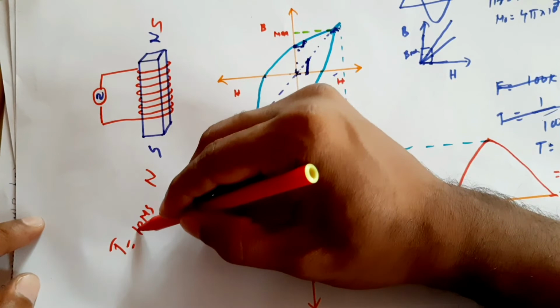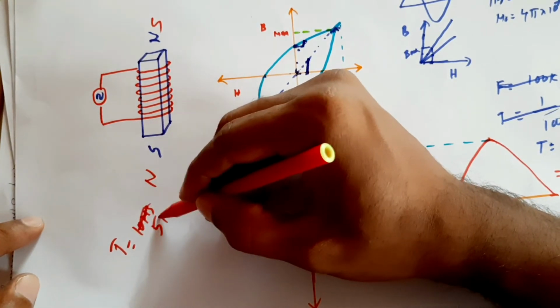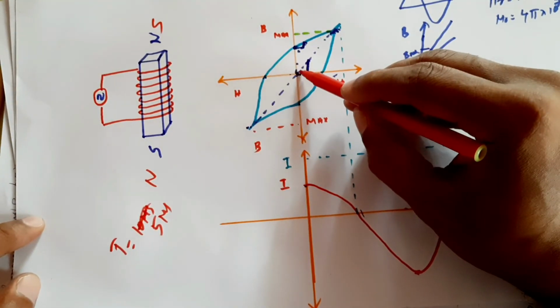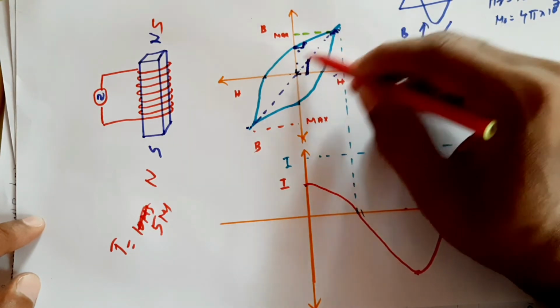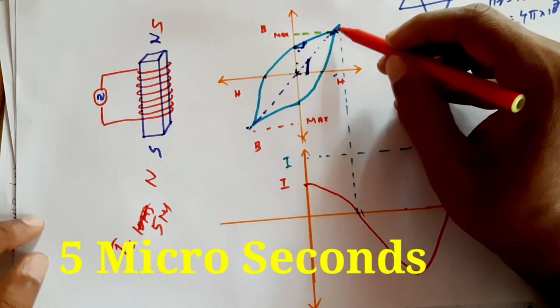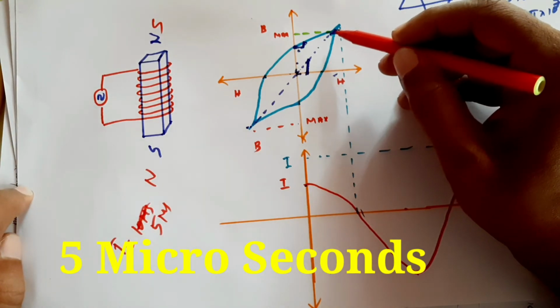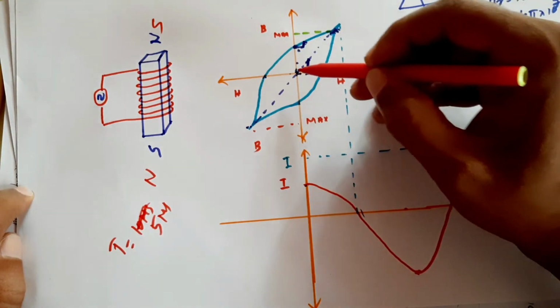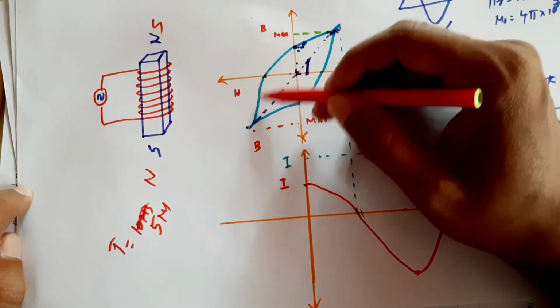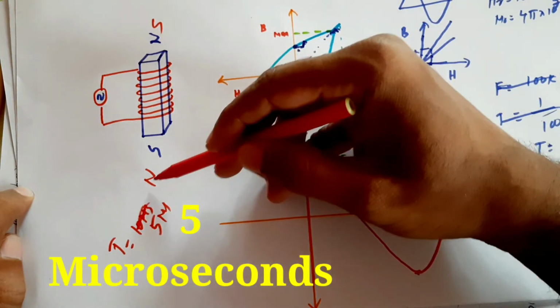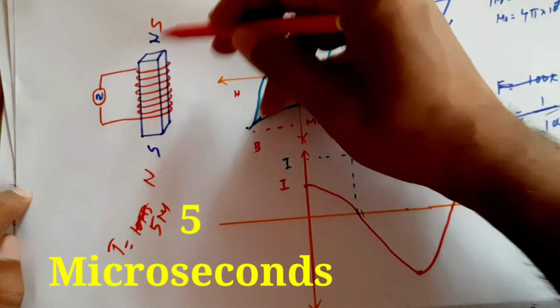If we take the time taken to reach the maximum value as 10 microseconds, again 10 microseconds you need to reverse the magnetic pole.